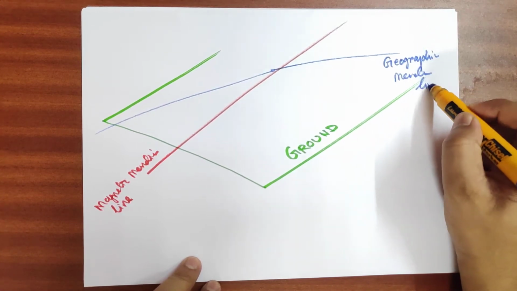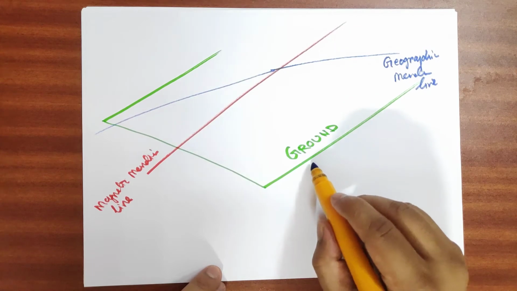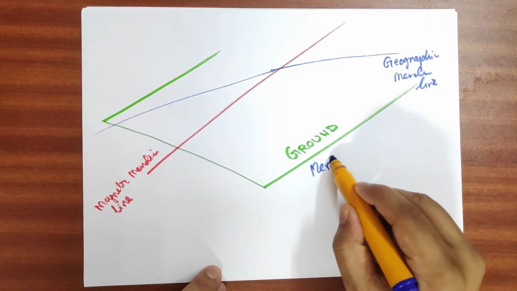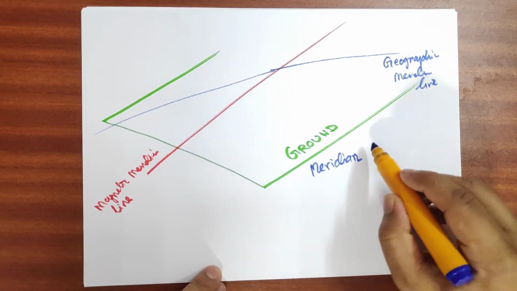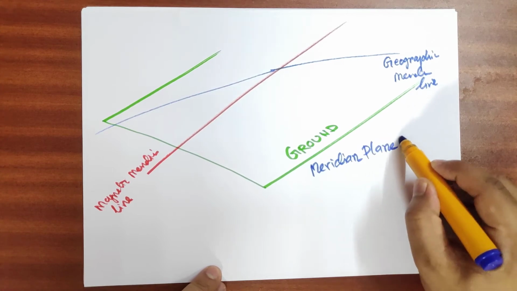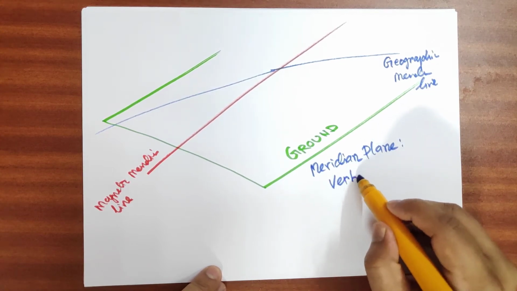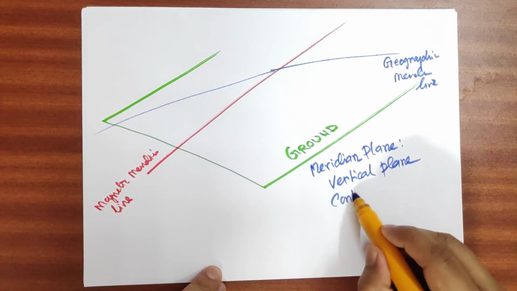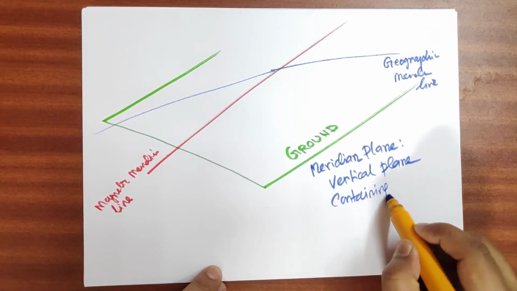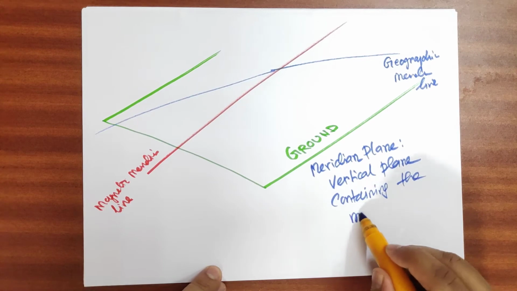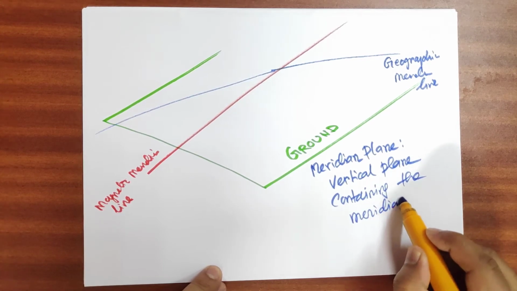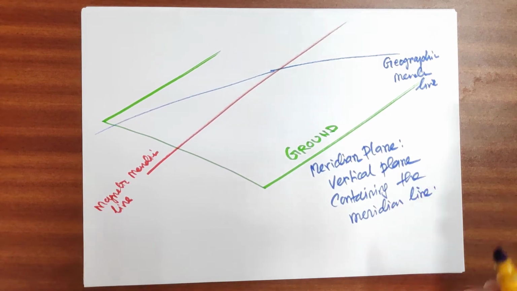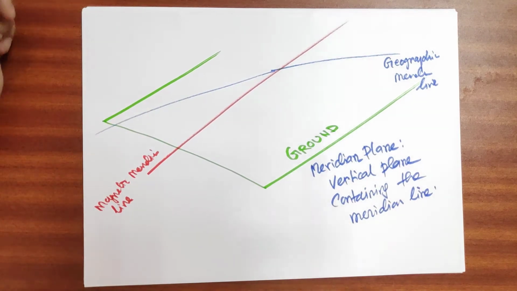Now what is the meridian plane? It is a vertical plane containing the meridian line.